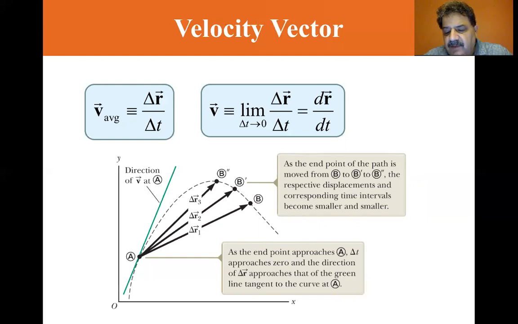The magnitude of the instantaneous velocity vector of a particle, v, is the absolute value of the v vector. I think I've been using that symbol in solving some problems, and that becomes the speed of the particle. It's no longer a vector.